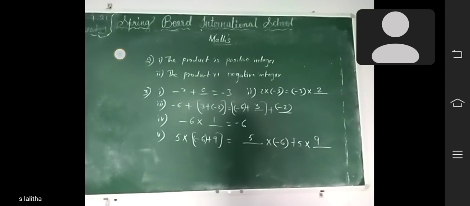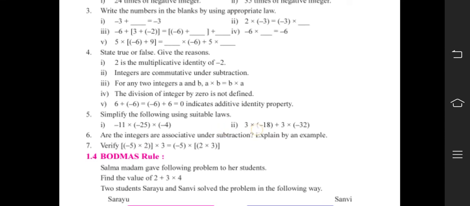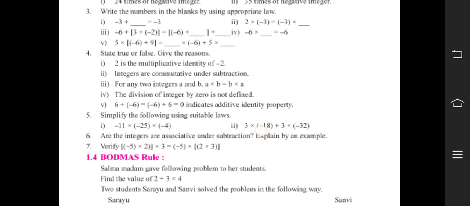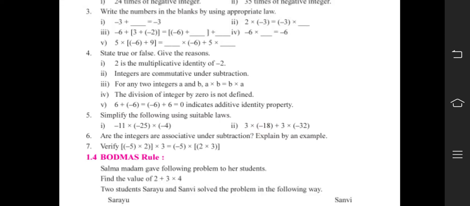Next, fourth question, see children. State true or false, give the reasons. First question: 2 is the multiplicative identity of -2. Is it right or wrong? Yes, it is false.